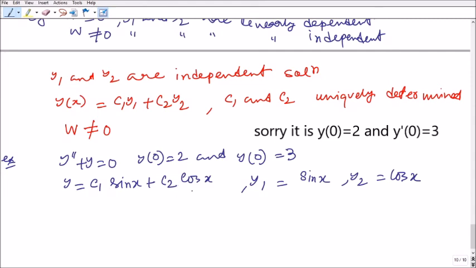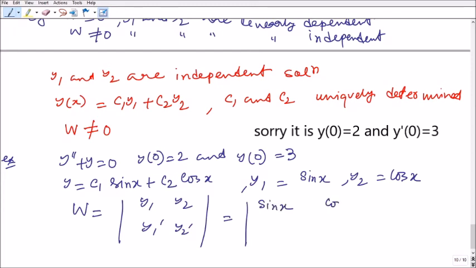So let me check that. The w, which is the Wronskian, is the determinant of y1, y2 and y1 dash, y2 dash. So y1 here is sine of x and y2 is cos x, and y1 dash is cos of x and y2 dash is minus sine x.